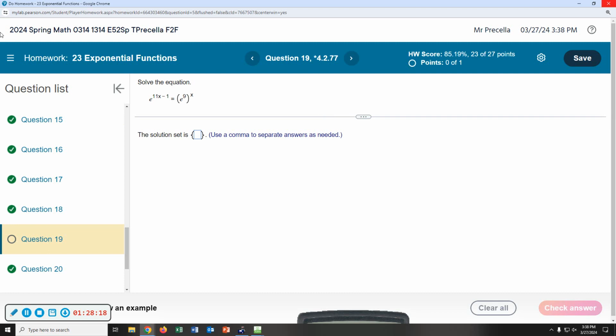Oh, this looks real similar. Okay. e to the 11x minus 1 is equal to e to the 9, all raised to the x power.